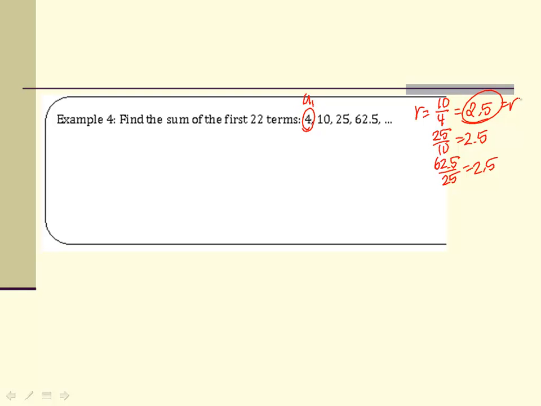Now, if I know the first term, and I know my r value, they've told me how many terms I want to add up, so they told me what n is. All I have to do is plug in the formula. The sum of my first 22 terms is 4 times 1 minus 2.5 to the 22 over 1 minus 2.5. Stick that in parentheses.